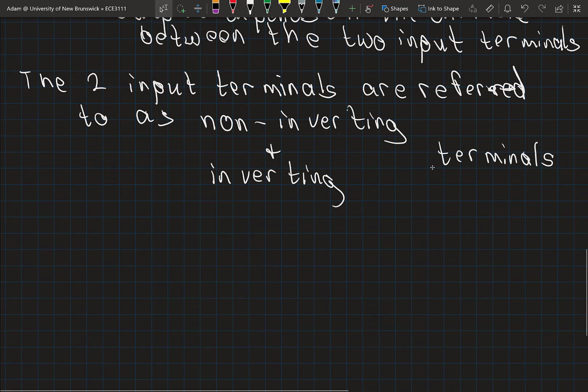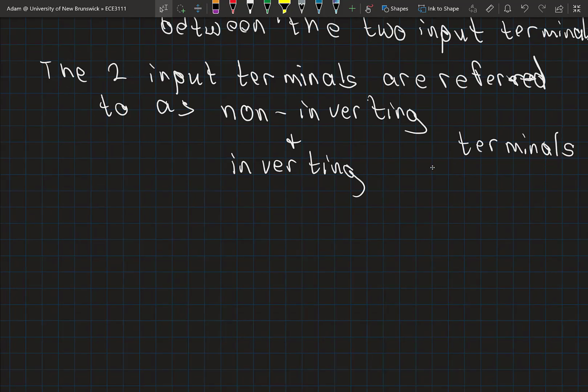Okay, let's talk about these characteristics and the consequences of some of the characteristics that we just got done talking about.